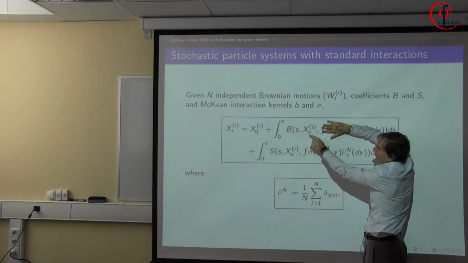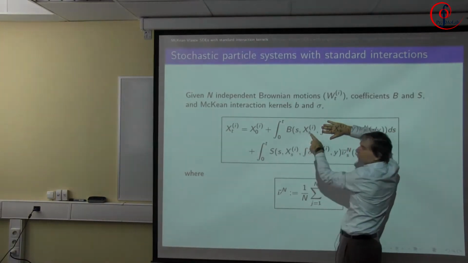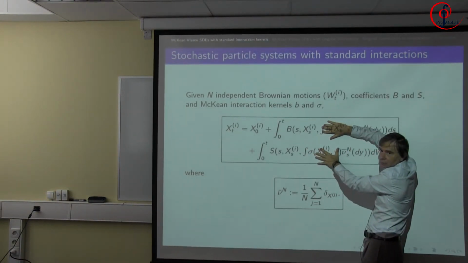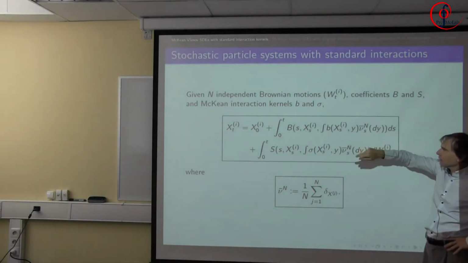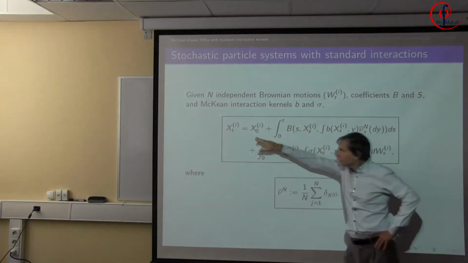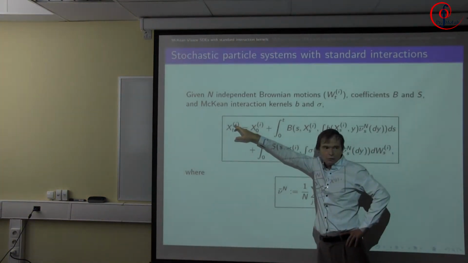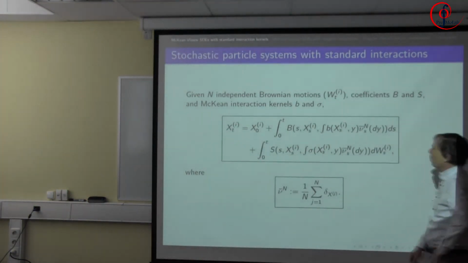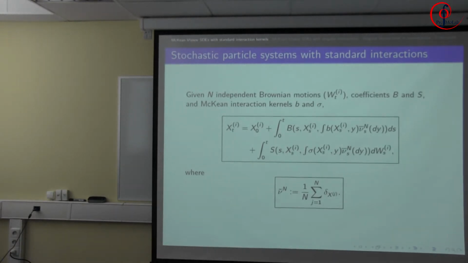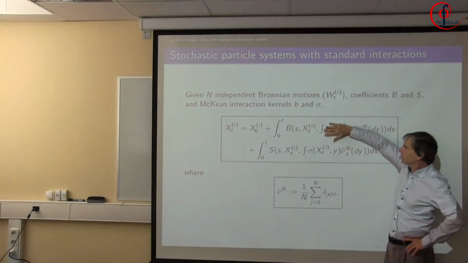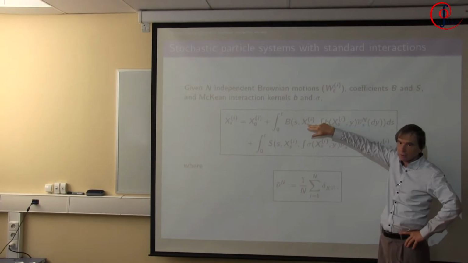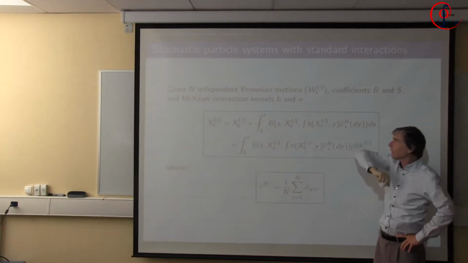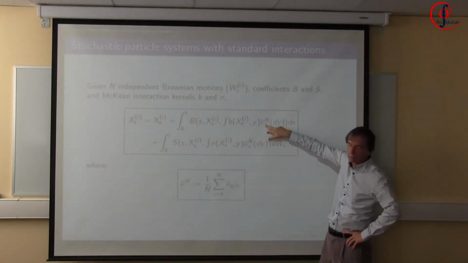The coefficients depend only on the solution we are looking for. Okay? But now, in the story, I have a set of particles. i goes from 1 to capital N, so I have a set of N particles, and the motion of each particle is governed not only by its own dynamics, but also by the empirical distribution of the particles.